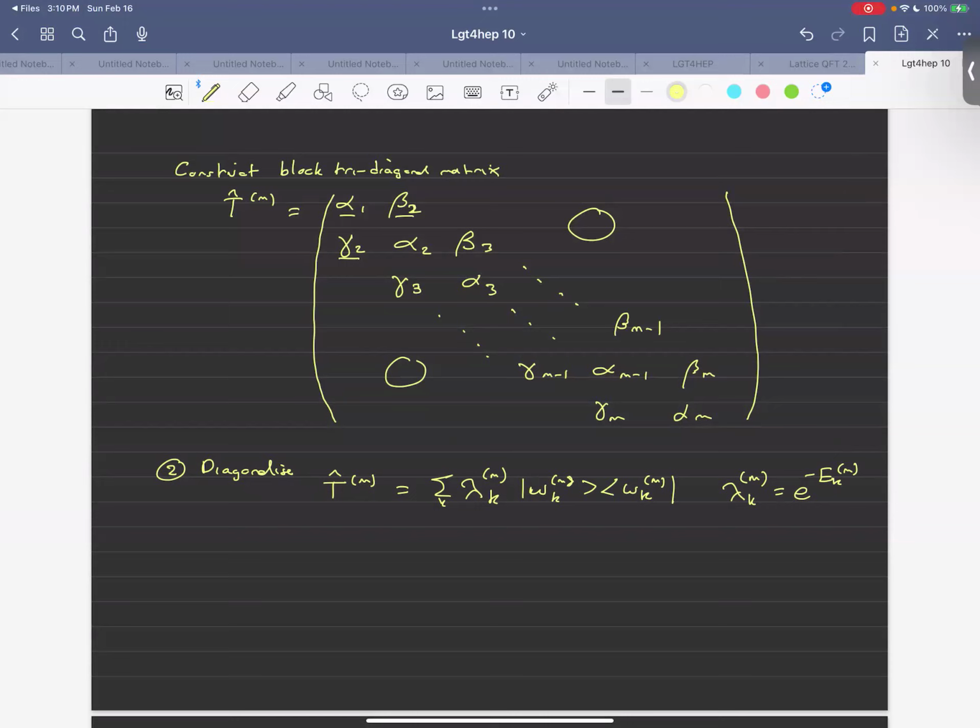If you can determine these eigenvalues, you have the energies of the system.